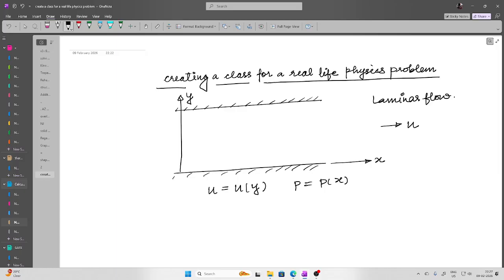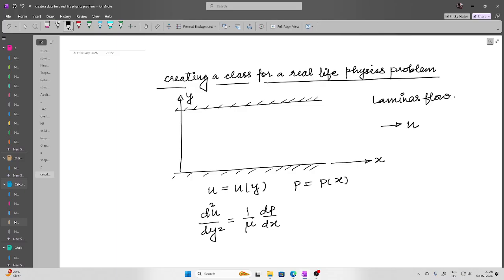And if you solve the Navier-Stokes equation, the fundamental equations for fluid flow, then as it was a non-linear partial differential equation, it will get converted into an ordinary differential equation: d2u by dy2 is 1 by mu dp by dx. As pressure is a function of x and u is a function of y, the right hand side can be taken as a constant.